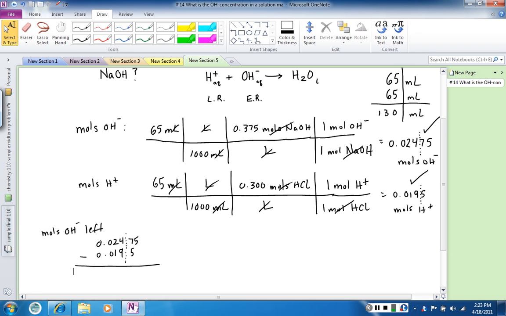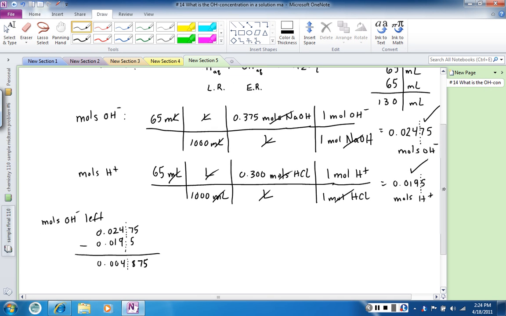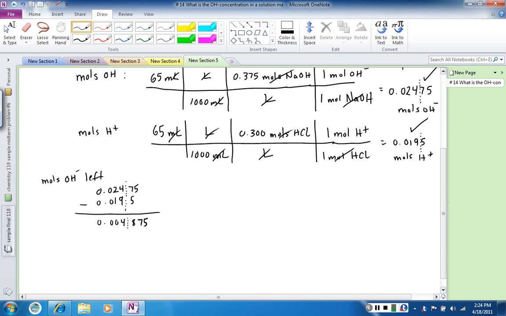So that works out to be 0.004875. So that is how much moles of OH minus is left over.